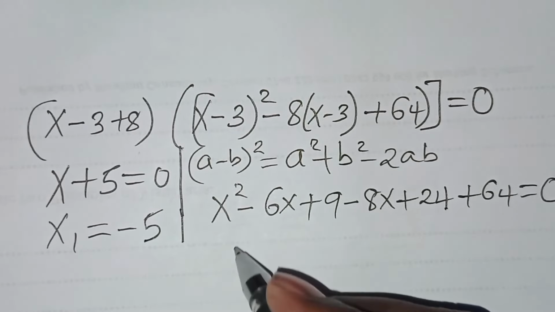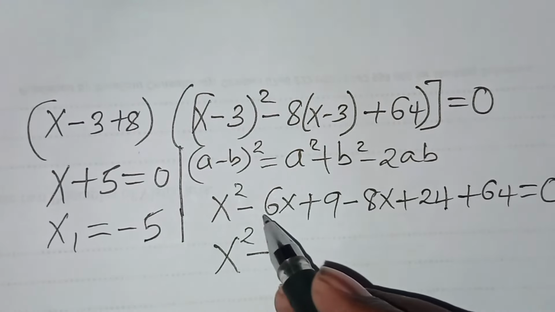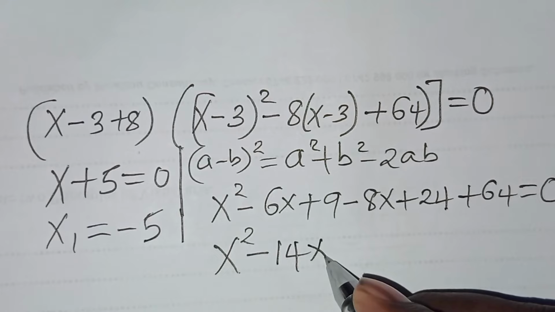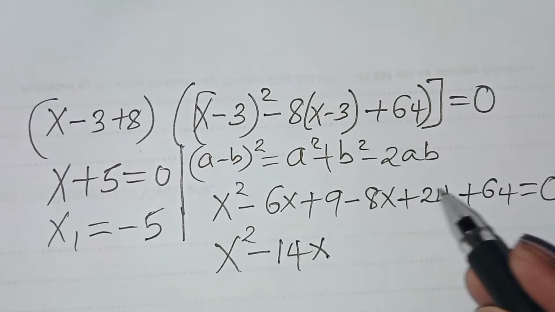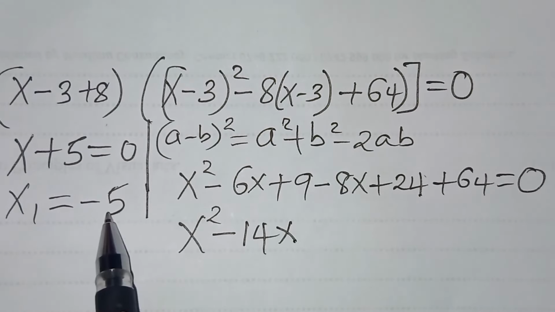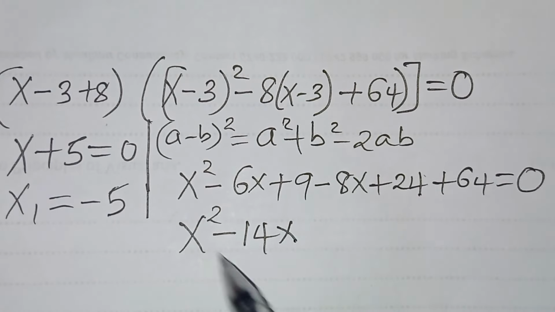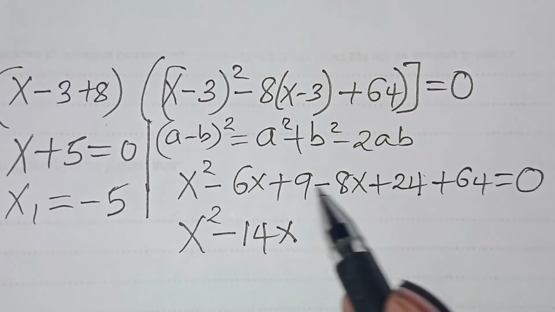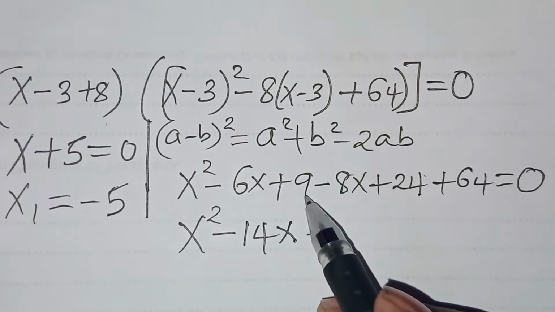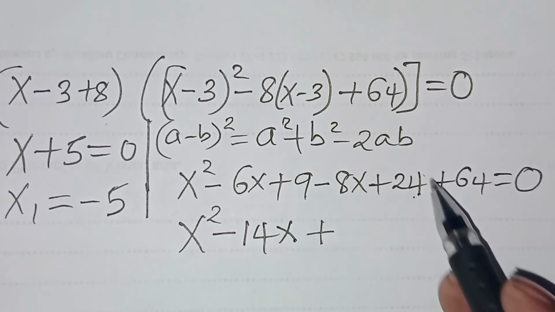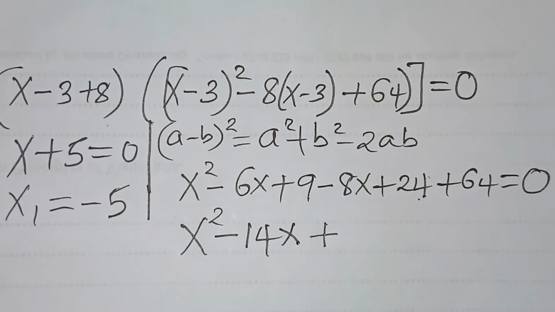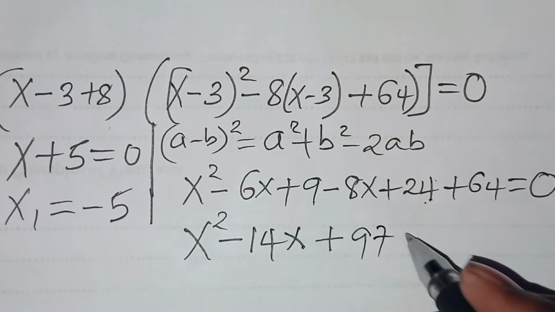And the second part, we'll have x² − 6x − 8x, this becomes −14x. Then we have 9 + 24 + 64, which is 97. This is equal to 0.